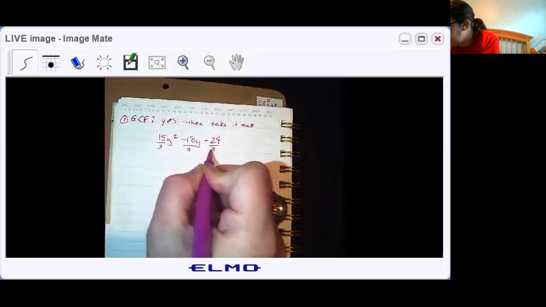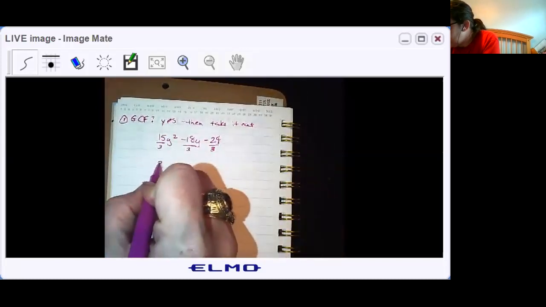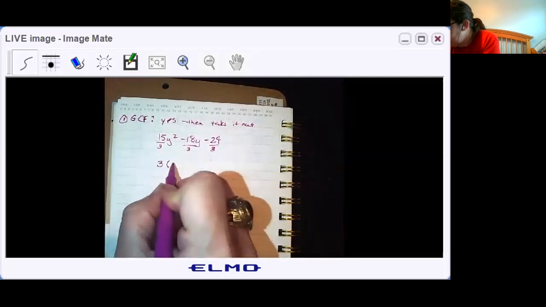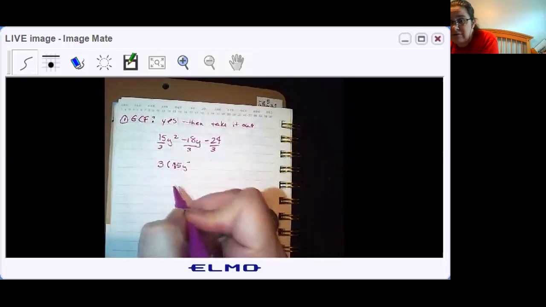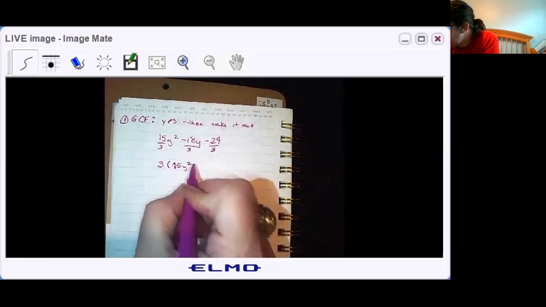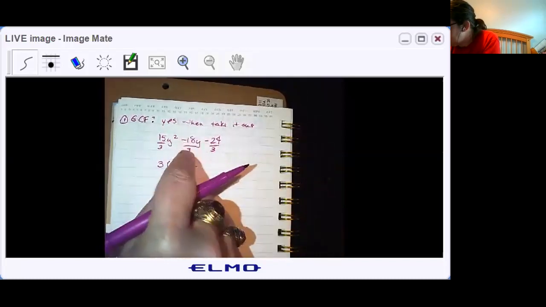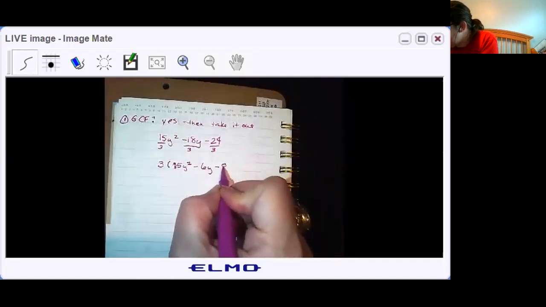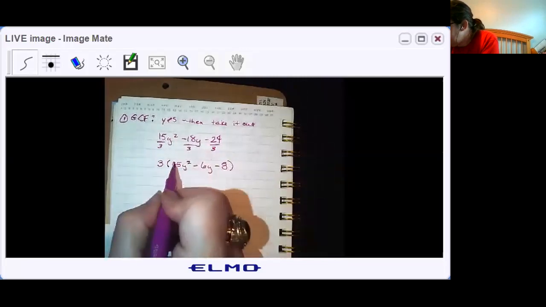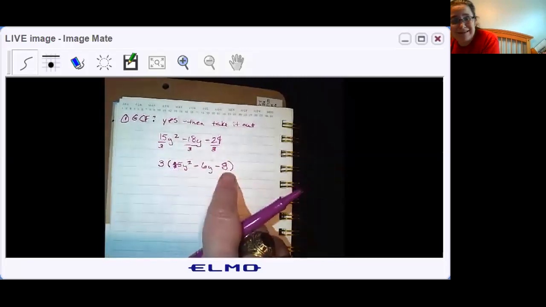So I'm going to take that out first. So now I have 3 times 5y squared minus 6y minus 8.